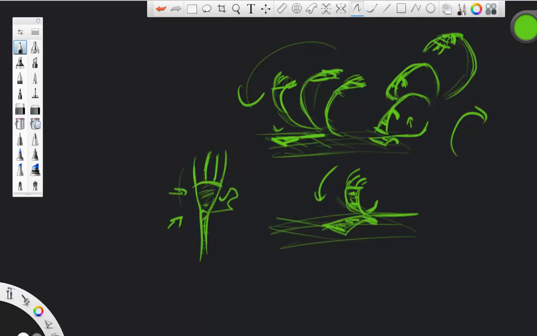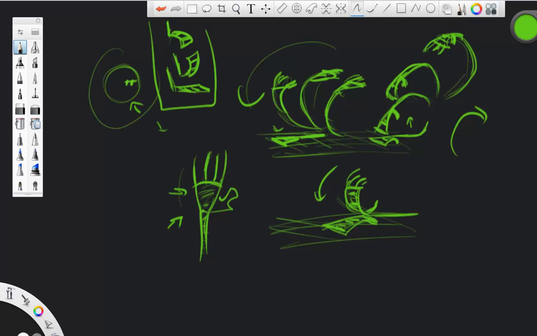So this is about the hand. We talked about the head. We talked about the hand. We talked about the feet. Three shapes of the feet.